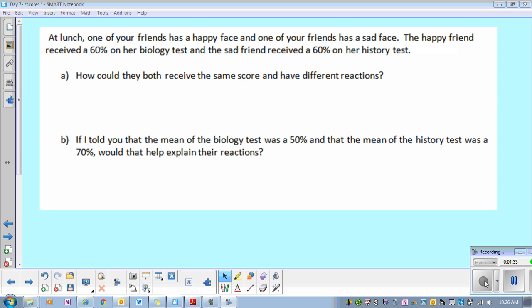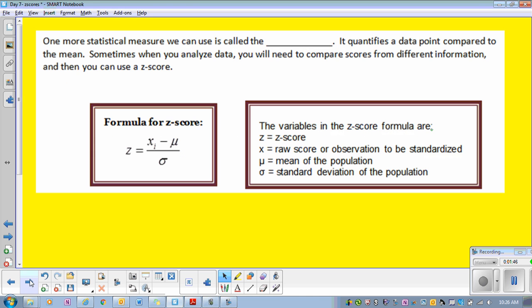But for the history test, if the average is a 70, and you scored 60, you did 10 points below. So that gives us an insight into why one is a happy face and one is a frowny face. You would find out with AP classes. I'm sure AP classes curve a little bit.